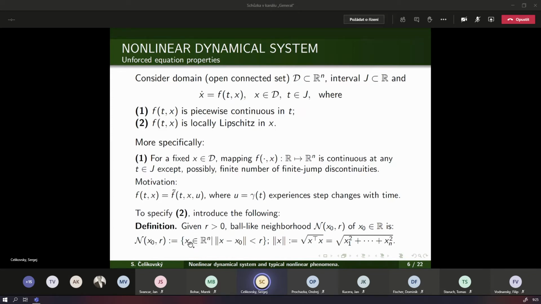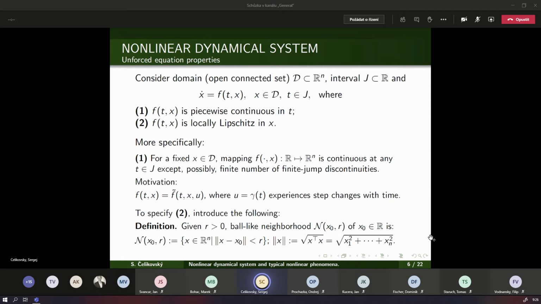You can see that all points from Rn which are closer to x0 than r, which is intuitively like a ball in three-dimensional space. In n-dimensional space, of course, you cannot imagine it. This is the so-called norm, and we decided to take the usual Euclidean norm, which is defined like this, or which is equal to this.